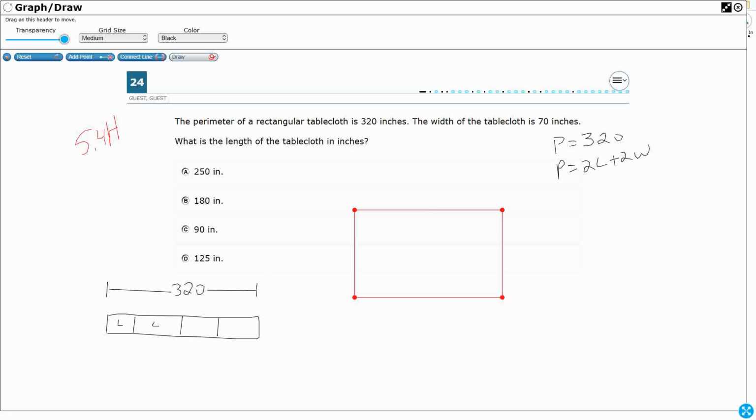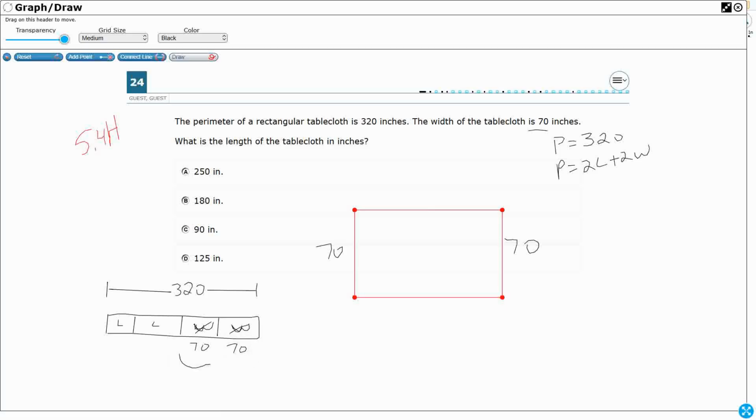That's 2L plus 2W, right? If I add the length plus width, what do I have? I've got the perimeter. The width is 70. Okay, so I'll just make this one 70. So if that's 70, that's 70. So if the width is 70, I'm going to replace this with the 70, replace this with a 70.